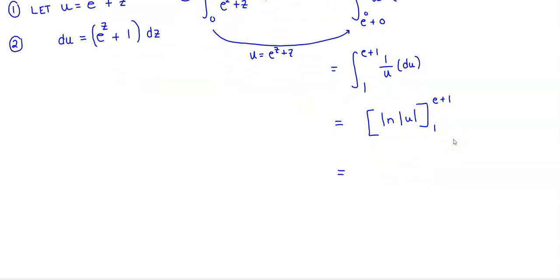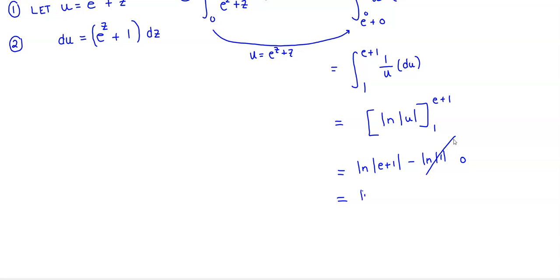Now let's go ahead and evaluate according to our upper and lower bound. So we have the natural log of the absolute value of e plus 1, minus the natural log of the absolute value of 1. Well, we know that the natural log of 1 is going to give us 0.